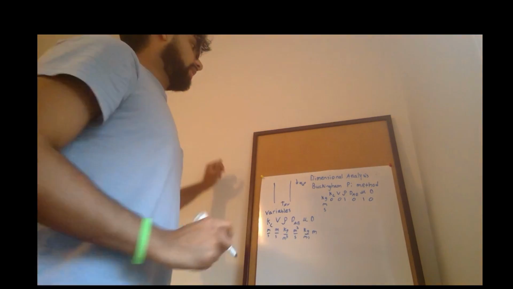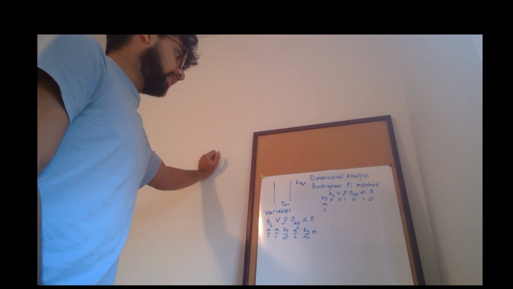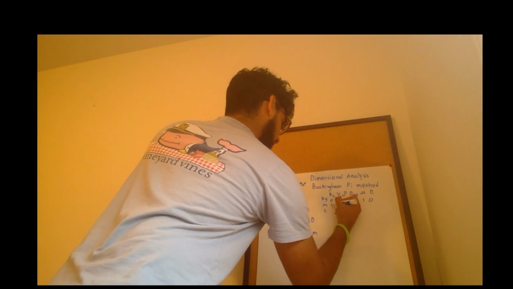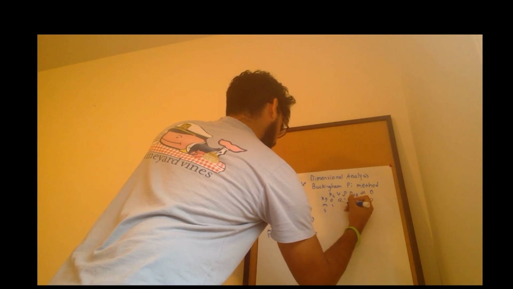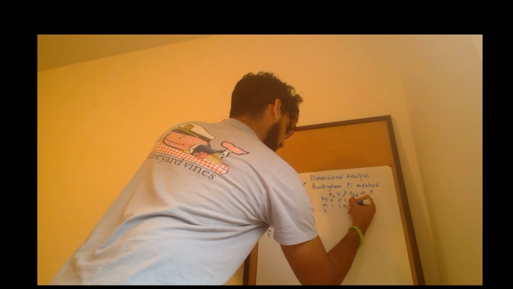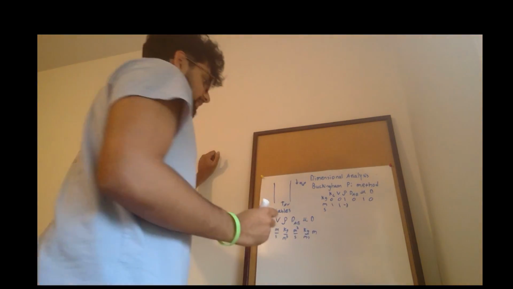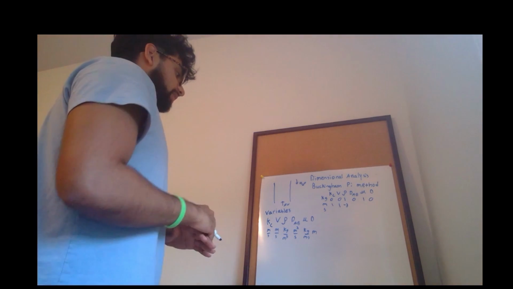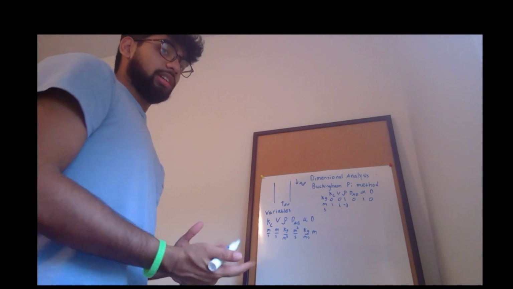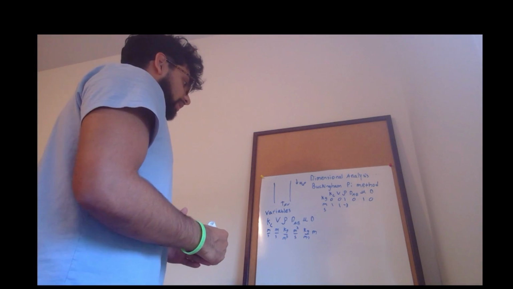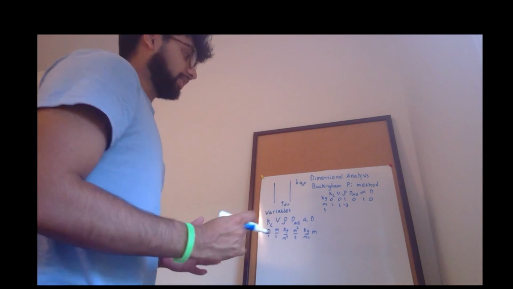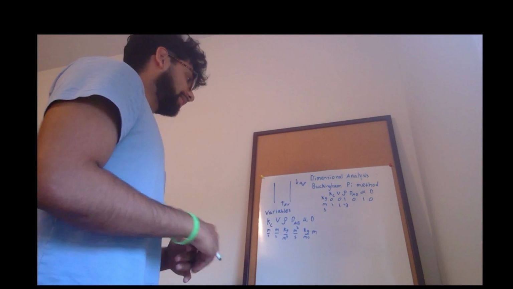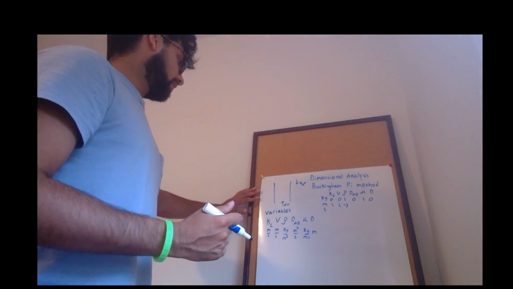Okay. And then we have the meters. So 1, 1, and then for the density it's -3 because it is in terms of kilograms per meters cubed. So the meters is put to the power of -3 because it's in the denominator.